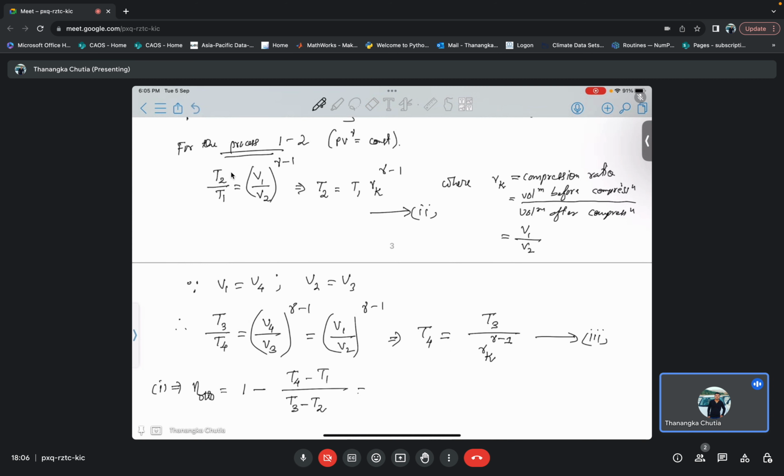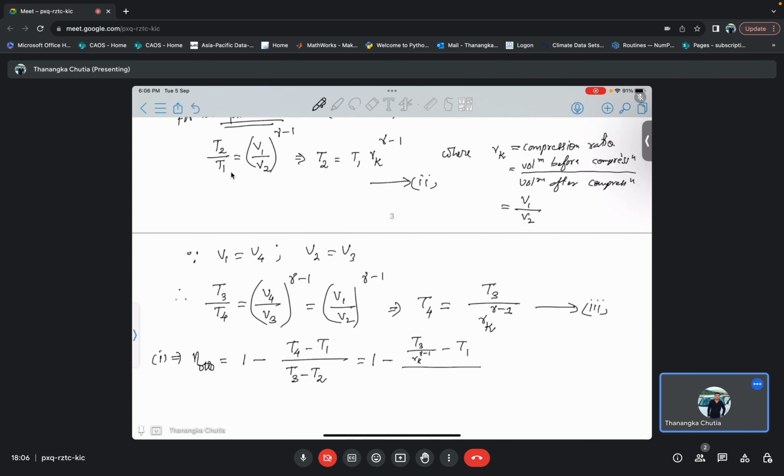Okay, so this will be 1 minus, what is T4? T4 is nothing but T3 divided by Rk to the power gamma minus 1, minus T1, and this will be T3 minus T1 into Rk to the power gamma minus 1.